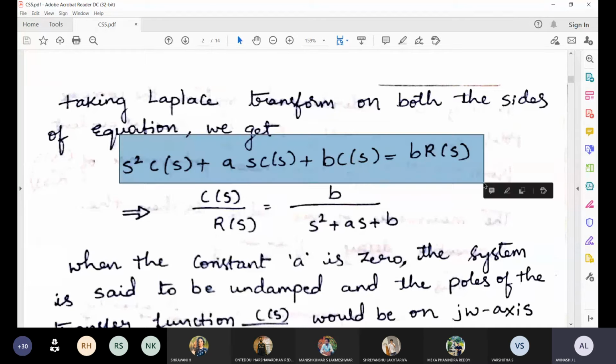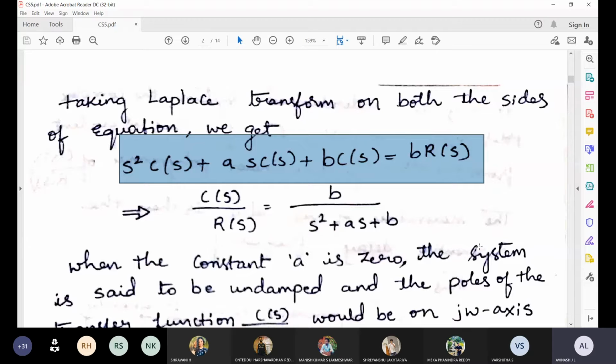Second order d square c by dt square is there. So when it is d square, you will get s square, like what we studied in the first module. There we wrote m into d square x by dt square, and when you take the Laplace transform, you get m into s square.